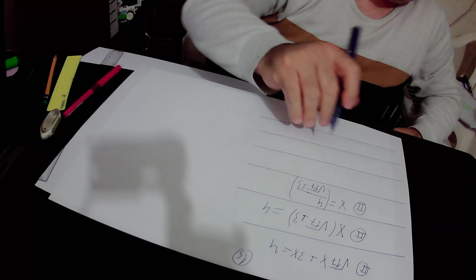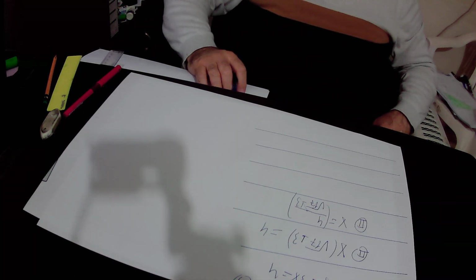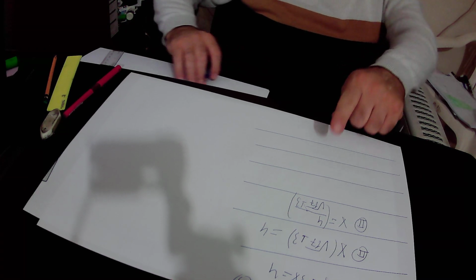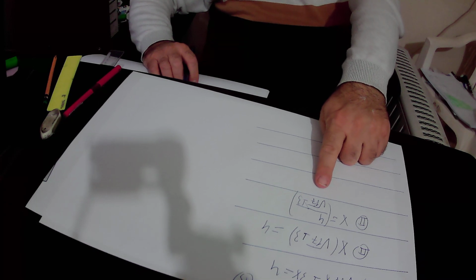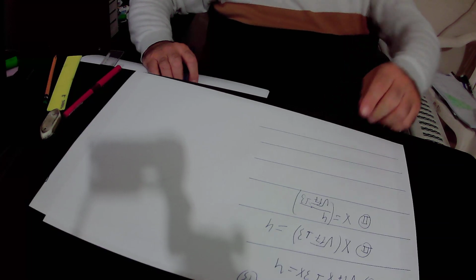Here we will multiply this side of the equation by square root of 17 minus 3, and then divide it by square root of 17 minus 3 in order to get rid of the root in the denominator.